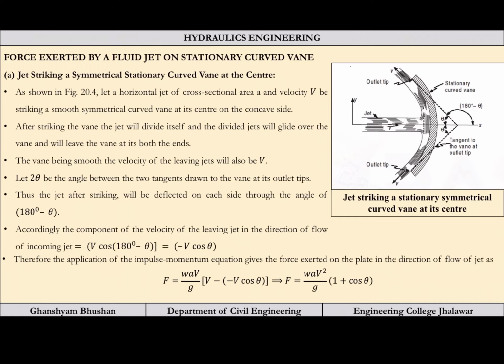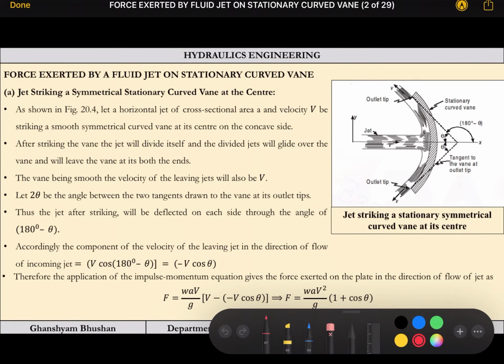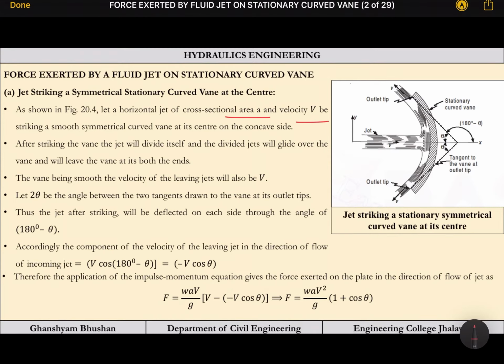Now the first case is the plate is stationary: a jet striking a symmetrical stationary curved vane at the center. The vane is at a stationary position, and the fluid is hitting at the center, that is, the hitting is symmetrical. As you can see in the diagram, let the horizontal jet of cross sectional area A and velocity capital V be striking a smooth vane, meaning we are neglecting the frictional losses.